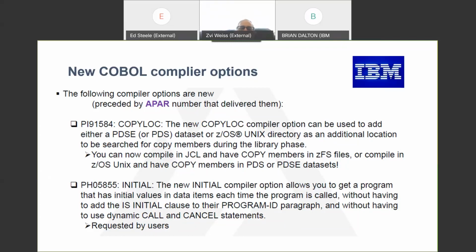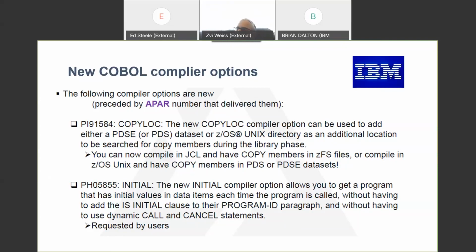A second option is initial. Initial basically is something that users have wanted because typically what often happens is that when you're calling a subroutine repeatedly, you want to have the subroutine have certain values always initialized. Now, until now, the only way to do that is to add to the program ID paragraph the IS INITIAL clause.